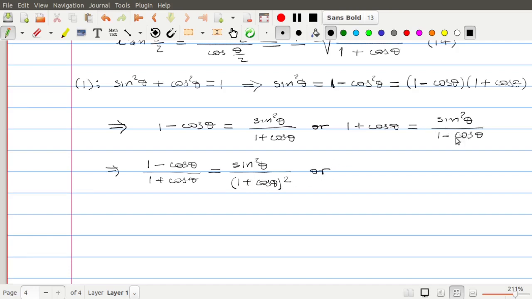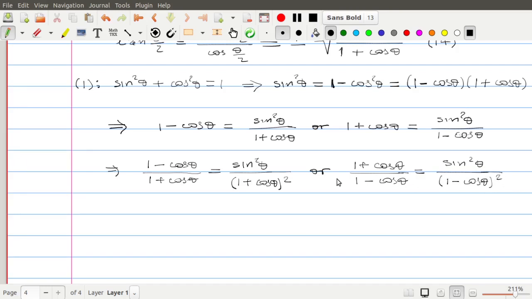Or here also, if we divide both sides by 1 minus cosine theta, this will be sine square theta divided by 1 minus cosine theta all square.